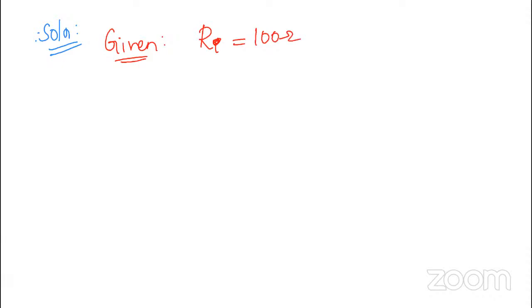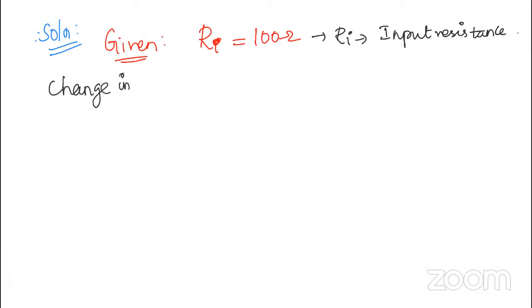Next, the change in base current, delta IB, is equal to 40 microampere.